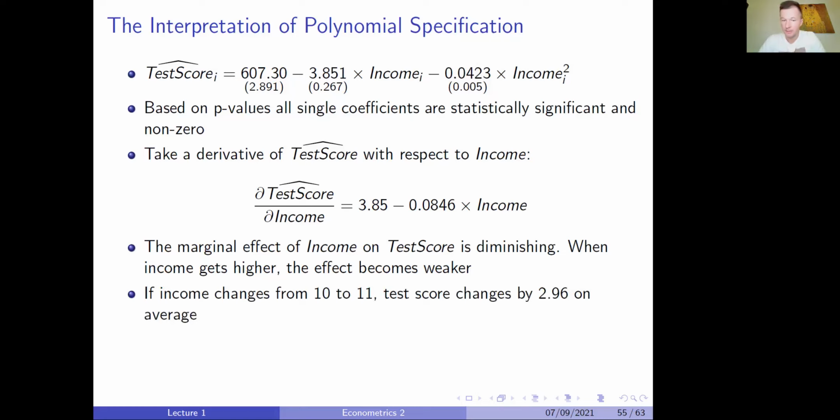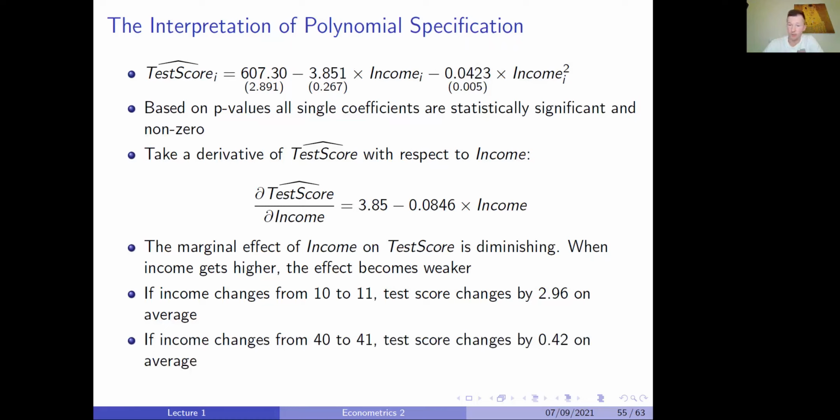For example, if income changes from $10,000 to $11,000, the test score changes by 296 on average. So you simply plug 10 into the model, you calculate what the test score is, then you plug 11 into the model in place of income and income squared, calculate the test score, calculate the difference, and you have this 296.